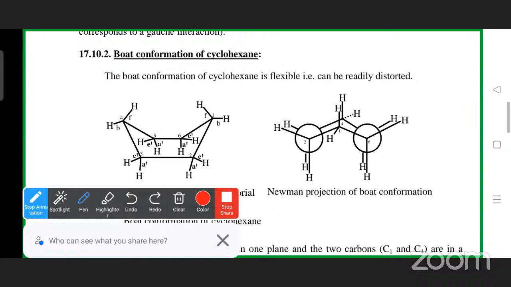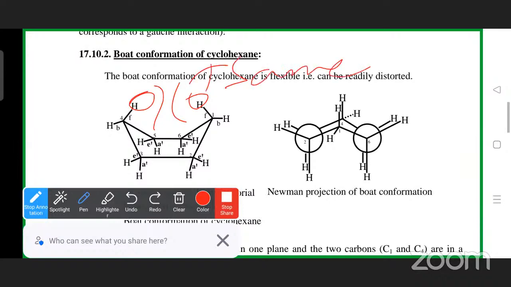You see in this particular boat conformation, it is not as stable as your chair conformation. Here these two hydrogens will be nearer to each other, and both are on the same plane.